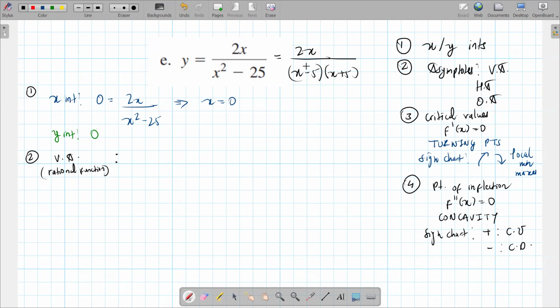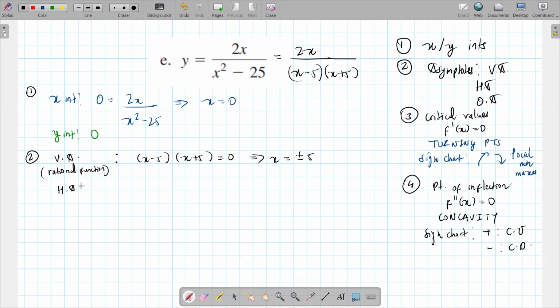You have to first factor it and see if anything cancels out. Nothing cancels out here. And then what we do is that we set the denominator equal to 0. So you can either set this or the factored form. I'm just going to set the factored form equal to 0. All right, so where are my two vertical asymptotes? 5 and -5. Yep, plus and minus 5.